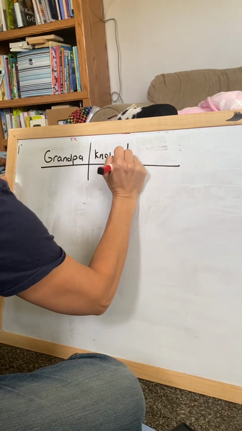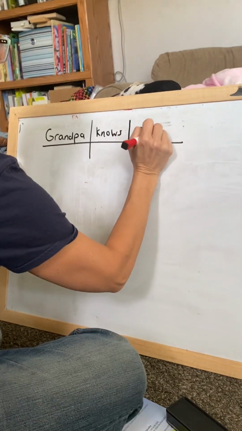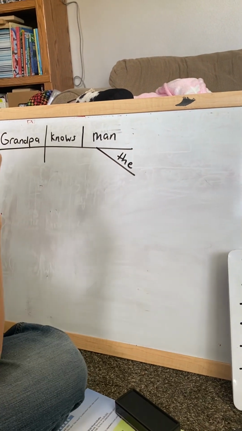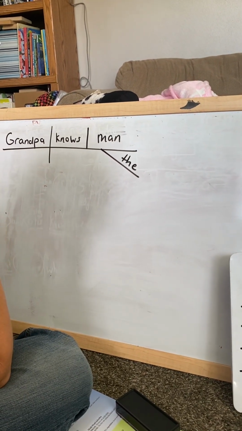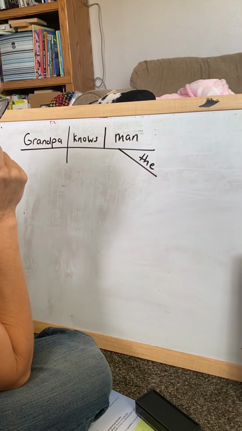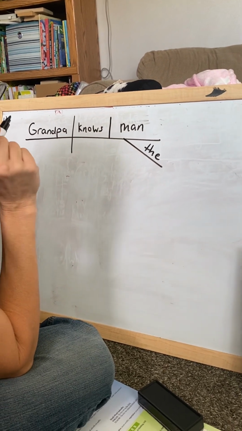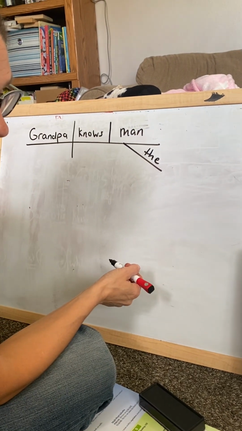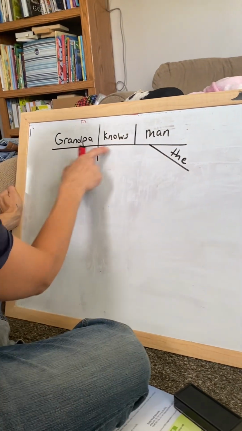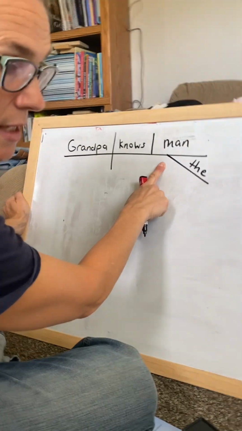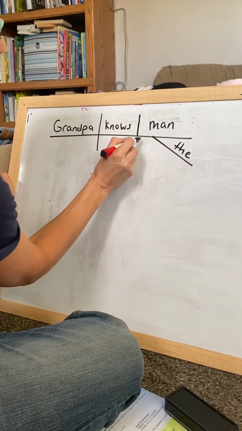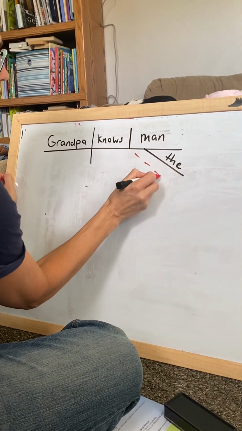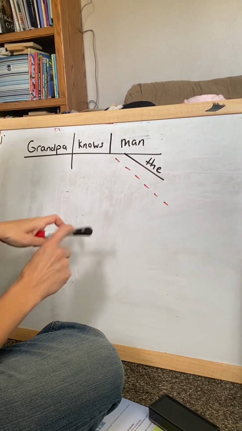Knows who or what? Man. Our adjective that's modifying it is the. Now we have who built the stage for the musical, and that is modifying the man. It's telling us more about the man, so we are going to connect our sentences from there.